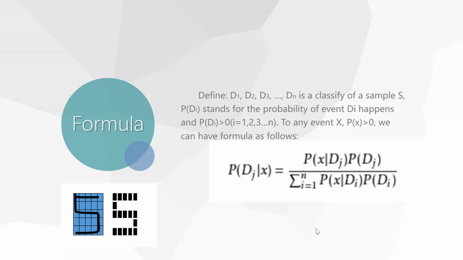This means that among all of these, you need to calculate the probability of the case where D is J. So if you have a lot of samples, the accuracy will be very high.